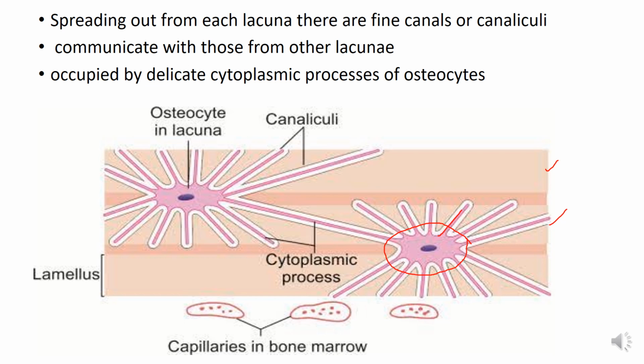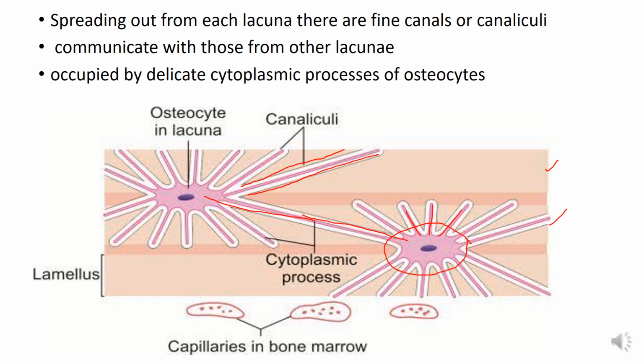So these are lamellae, and in between lamellae you can find spaces known as lacunae, and each lacuna contains an osteocyte. Osteocytes have cytoplasmic projections projecting away from them, coming into contact with the cytoplasmic projections of nearby cells, and spreading out from each lacuna there are fine canals. These canals are known as canaliculi, and canaliculi contain these cytoplasmic processes of osteocytes.